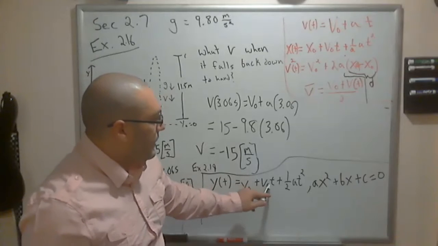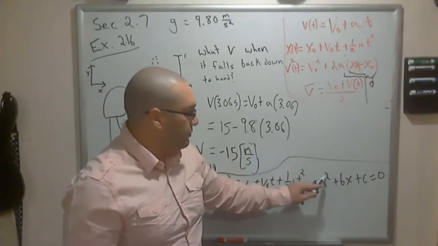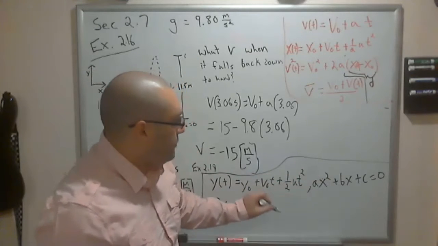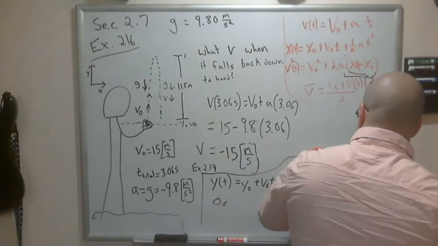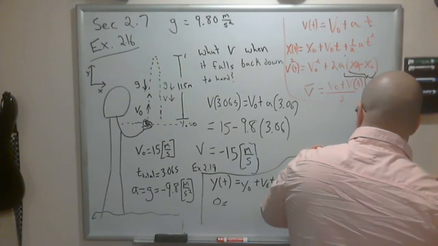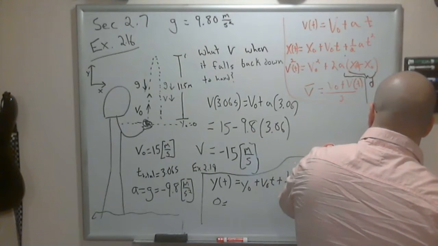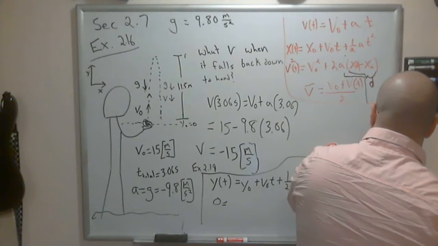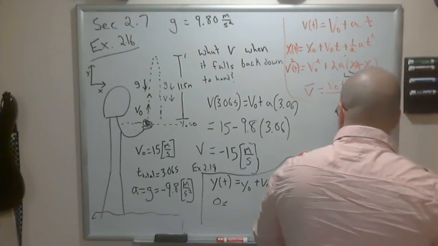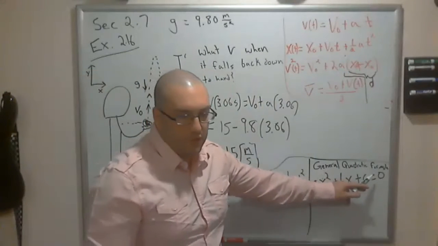If you look at our variable here, it is the time, so that's like our x. We relate it to our x. This is the general formula. Let me write it. Right, so this is the general quadratic formula.